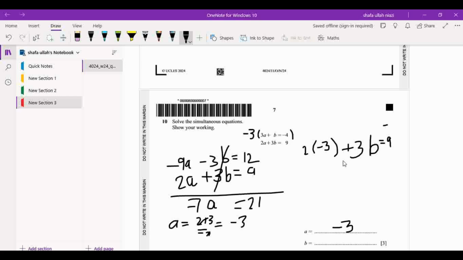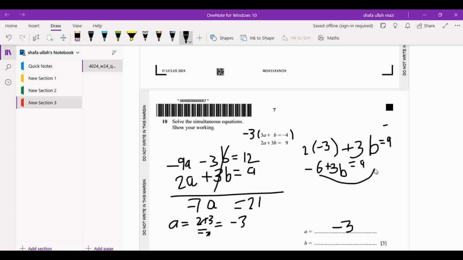So 2 times 3 is 6, it comes -6 plus 3b equal to 9.